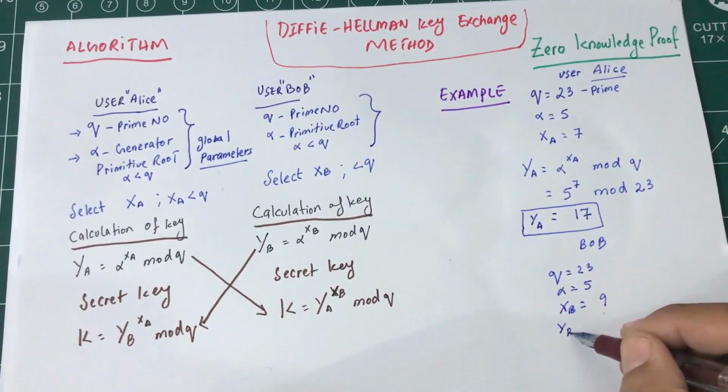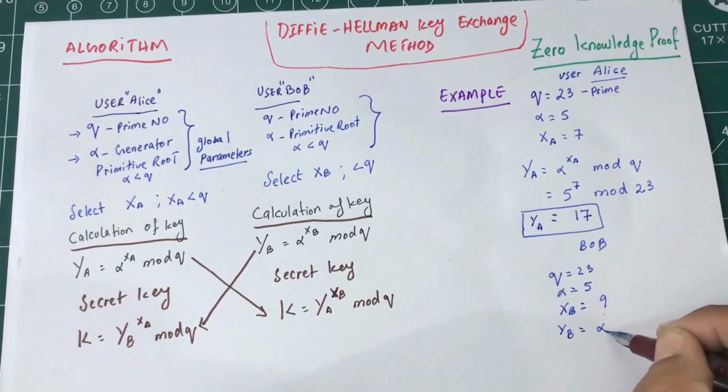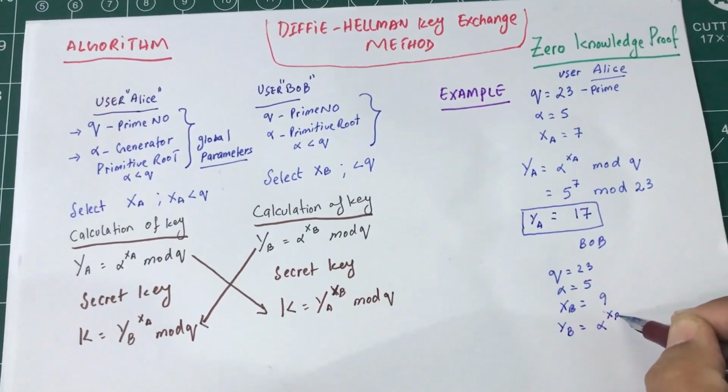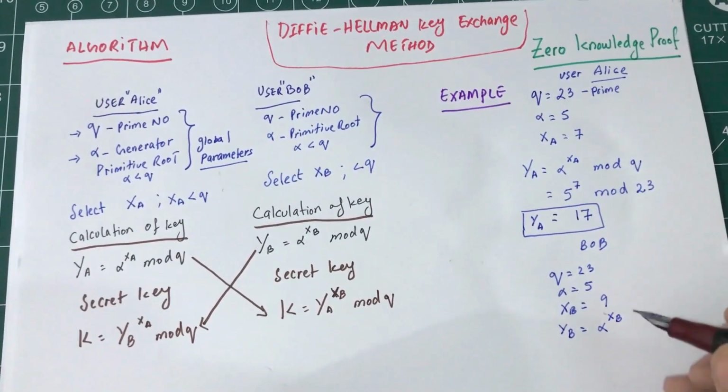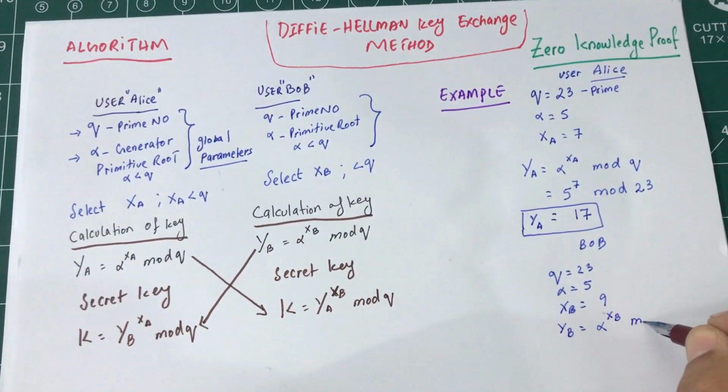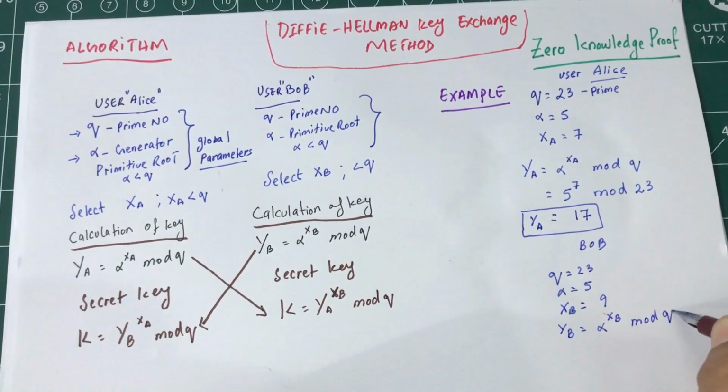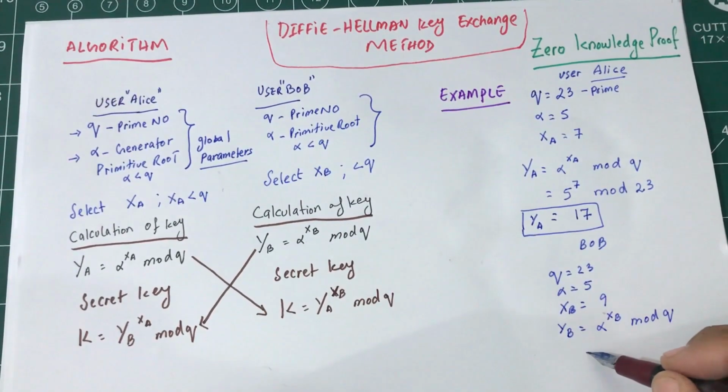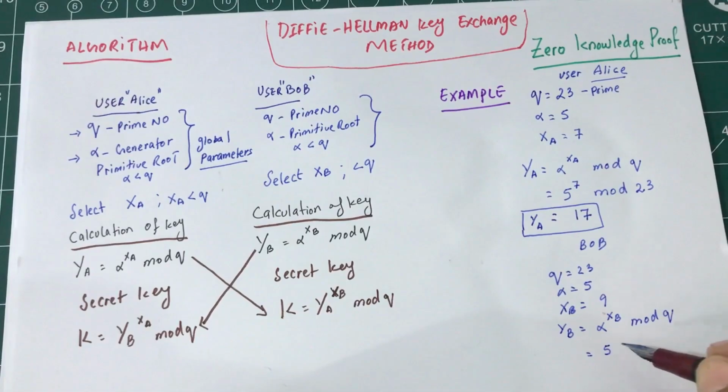Bob will also compute y of B, which is alpha raised to x of B mod q. So let's plug in the numbers: 5 raised to 9 mod q, which in our case is 23.